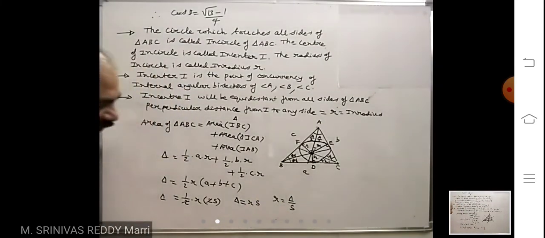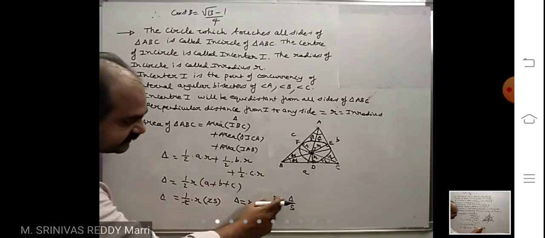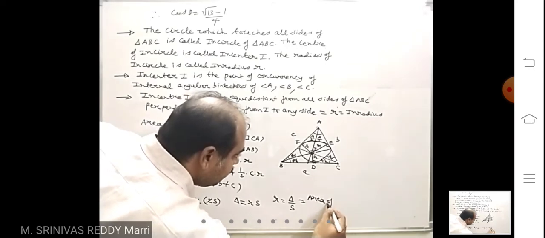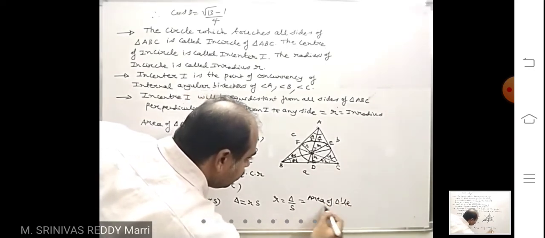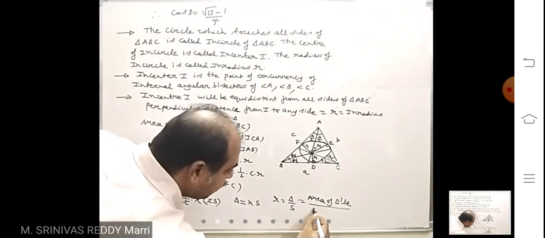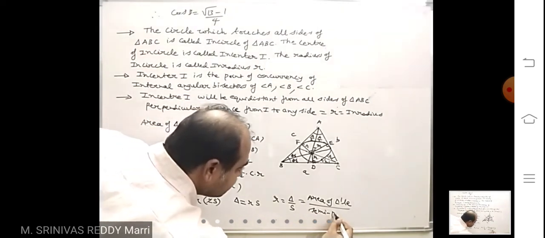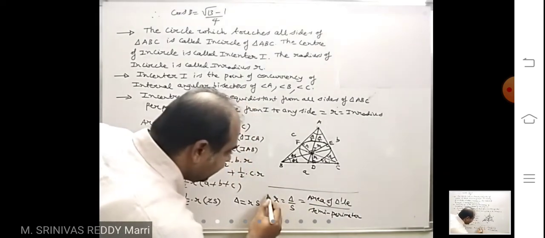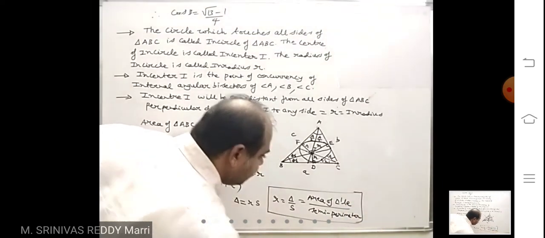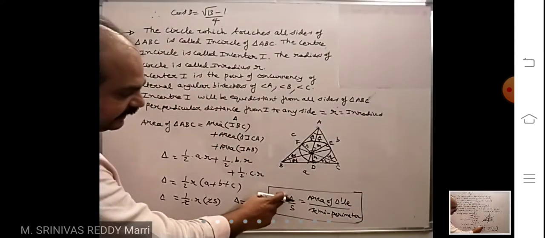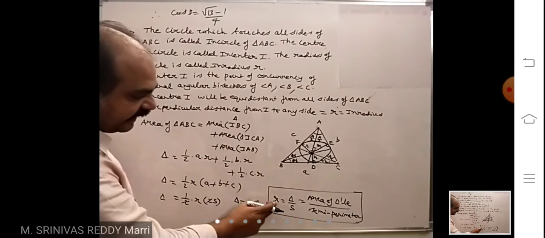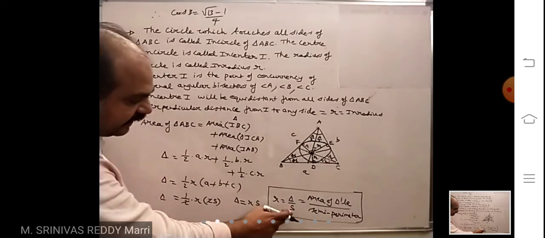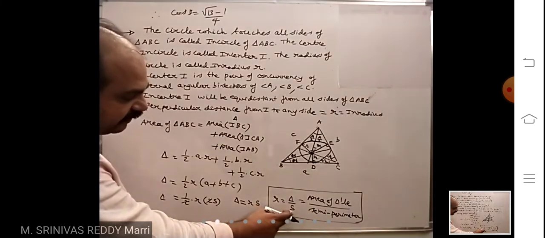This is the formula for calculating the inradius: area of triangle divided by semi-perimeter, where s is a plus b plus c by 2. This is the final formula, r equals delta by s. For any triangle, to calculate the inradius you need the area of the triangle divided by the semi-perimeter.